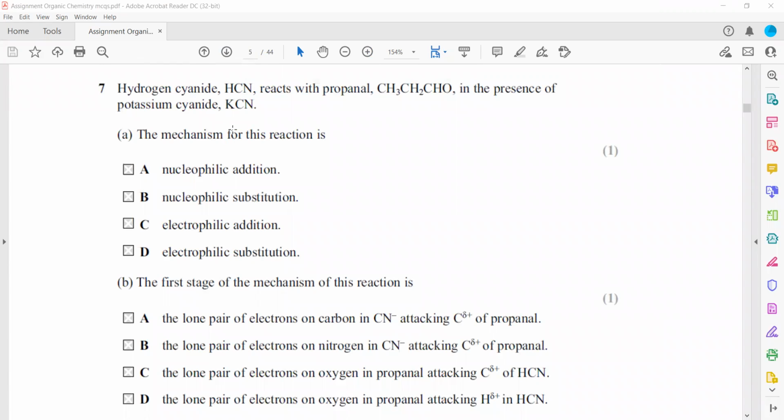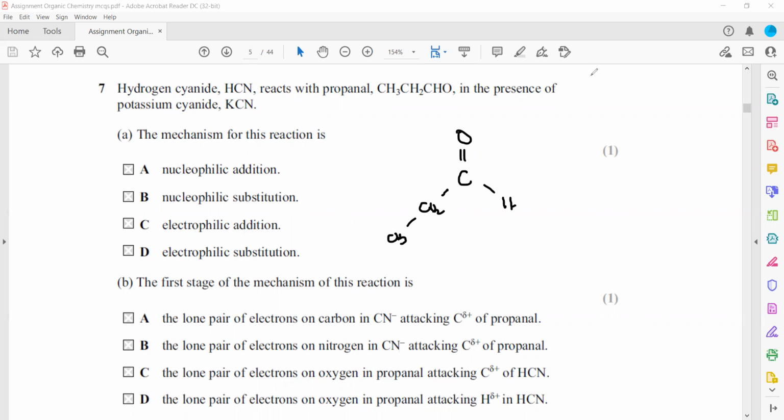Then in question 7, hydrogen cyanide HCN reacts with propanal. As you can see, an aldehyde is there in the presence of potassium cyanide KCN. What is the mechanism of this reaction? How does this reaction proceed? So when we check how this reaction proceeds, the aldehyde is there, which is C double bonded with O and H, and then alkyl groups are there, CH2 and CH3.